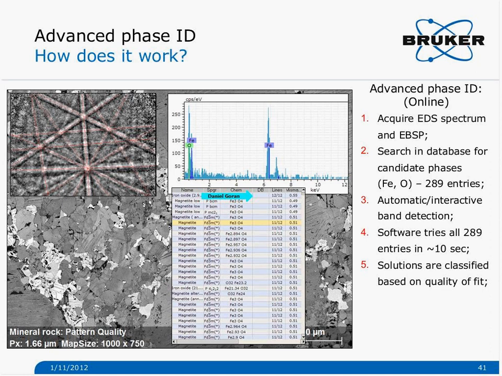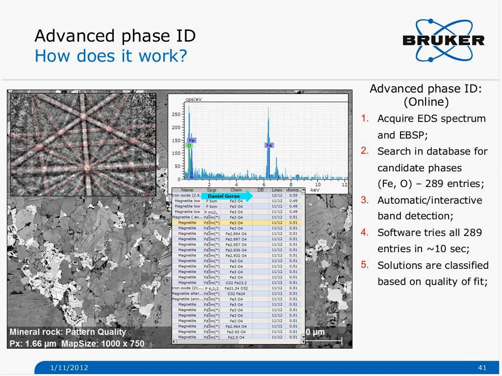The second criterion is the mean band mismatch, and this is an average. It's the mean angular mismatch between the band centers of the detected bands and the corresponding bands in the simulated solution.